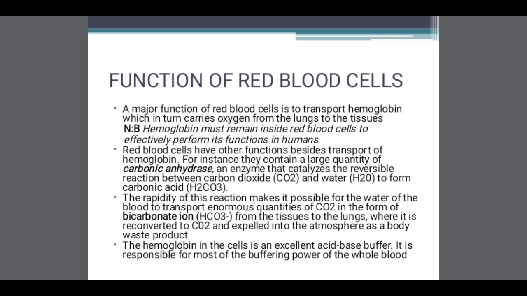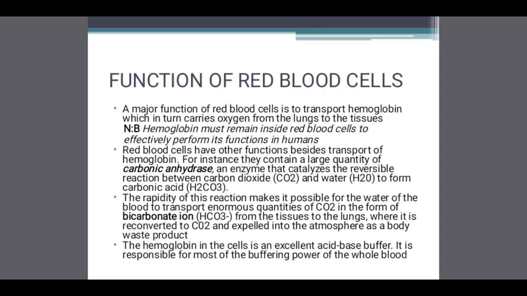And apart from the transport of hemoglobin, which carries oxygen from the lungs to the tissues, the red blood cell also has another peculiar function, in that it contains a large quantity of an enzyme, carbonic anhydrase. This enzyme catalyzes the reversible reaction between carbon dioxide and water to form carbonic acid.